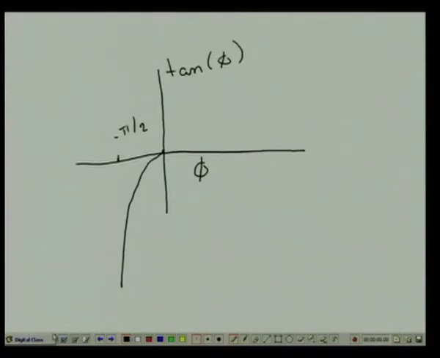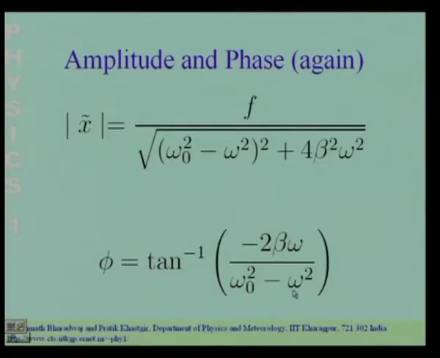So, when omega is equal to omega naught, the phase has a value minus pi by 2, this whole thing blows up, and then when omega crosses omega naught and is more, the denominator is negative, and the numerator is also negative. So, you have tan inverse of a positive number, and you start with a very large number because the denominator is extremely small, and then if you keep on increasing omega, it slowly tends to 0 again.